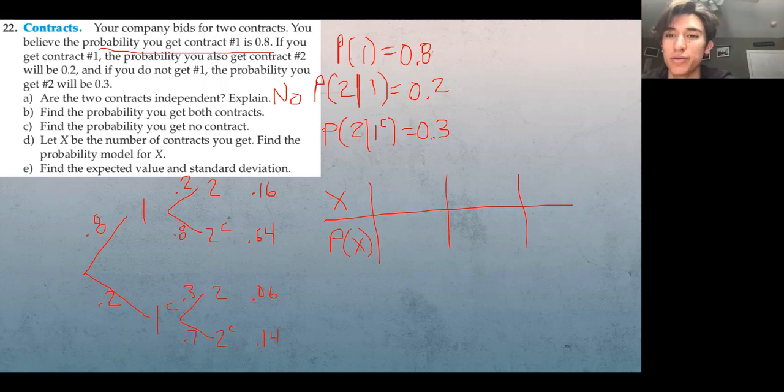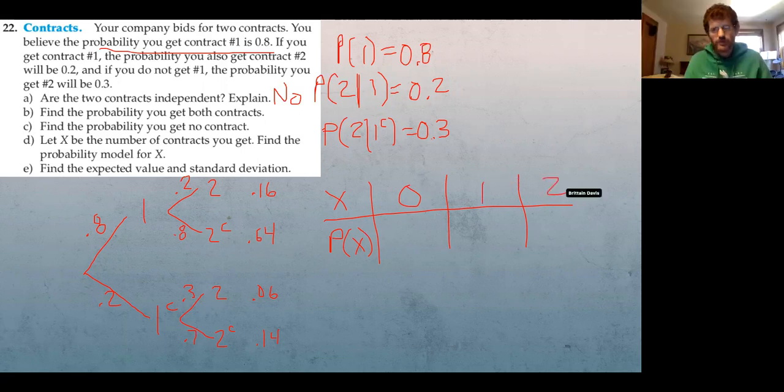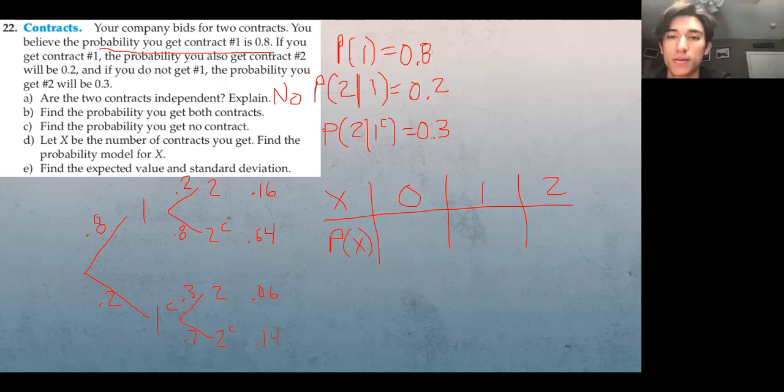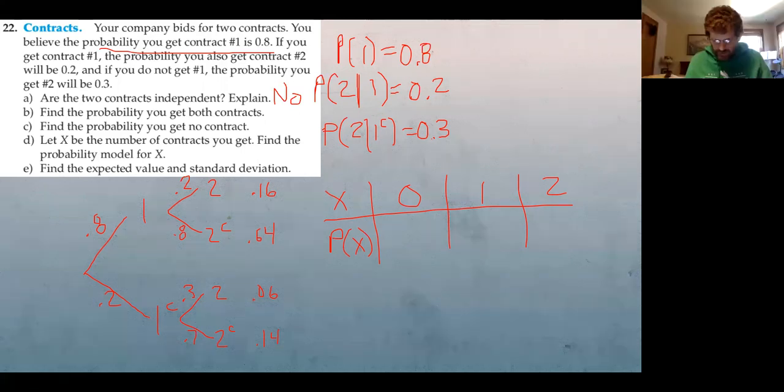You get 0 contracts, 1 contract, and then 2 contracts. 0, 1, or 2. Those are the only outcomes. And if we can read the tree diagram, we know what that is. Here is not getting contract 1 and not getting contract 2. So that's the only outcome where we don't get any contracts. So it looks like 0.14.